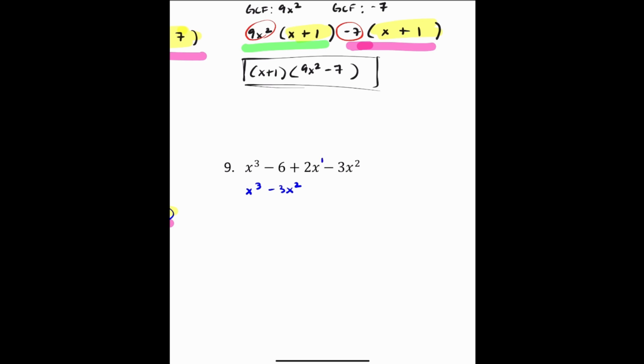And that 2x has an exponent of 1. So that's going to be after the negative 3x squared, so positive 2x. And then lastly, we have our constant, which is negative 6. Okay? So x cubed minus 3x squared plus 2x minus 6 is in standard form.